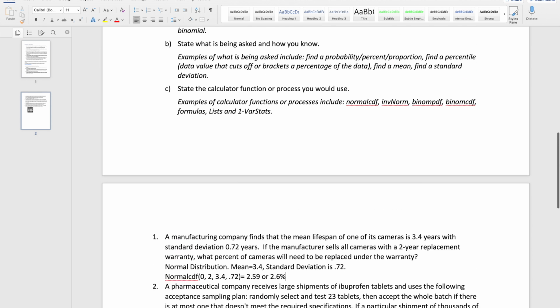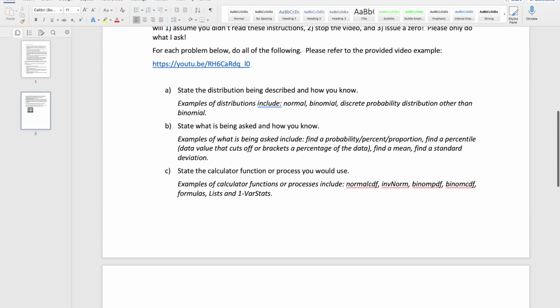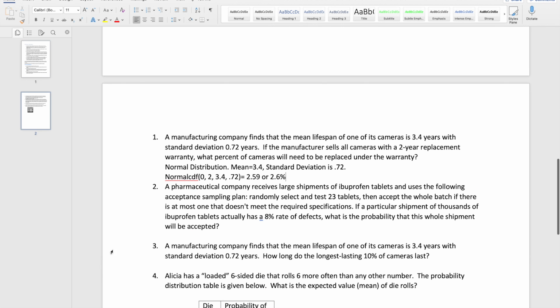I don't see how much you want me to round to, so I'll just do this. 2.6% is my answer. That means that 2.6% of cameras will need to be replaced under the warranty. The remaining will be okay. So it's a very small number that they'll have to replace.